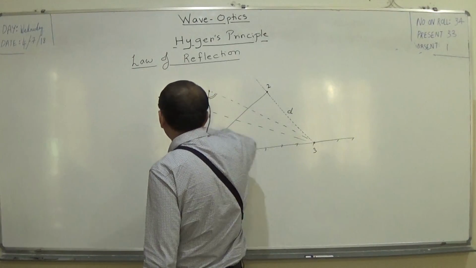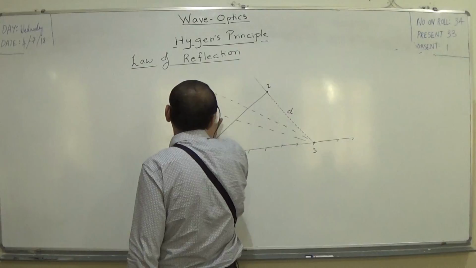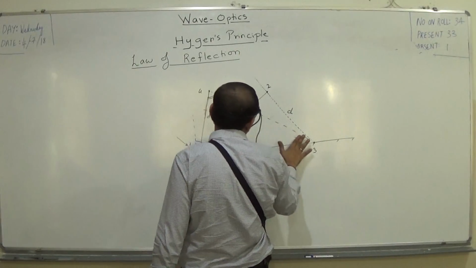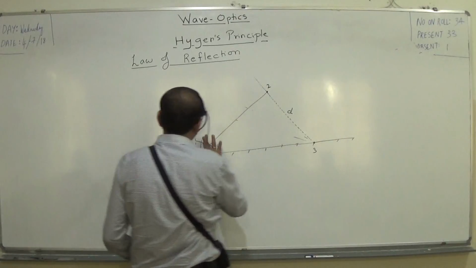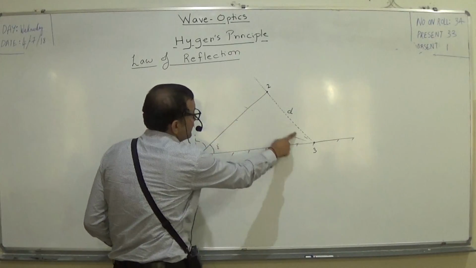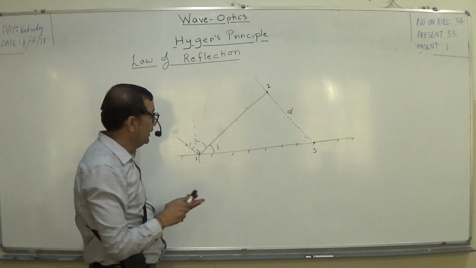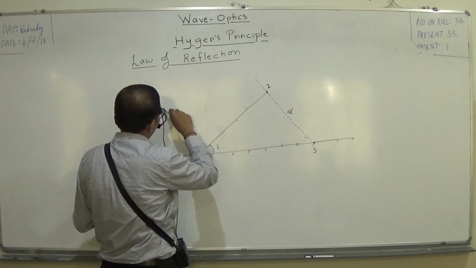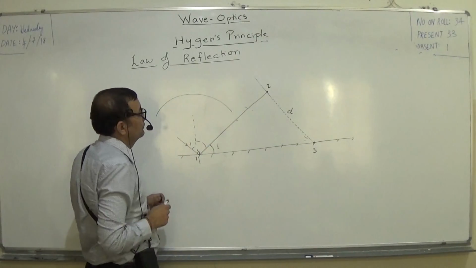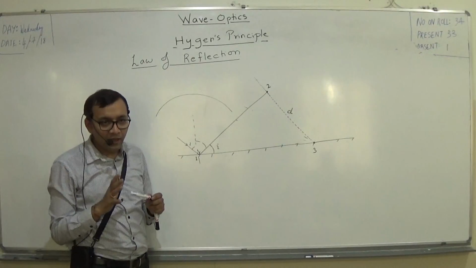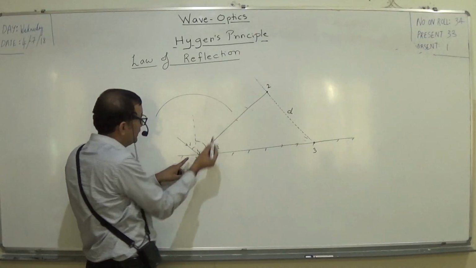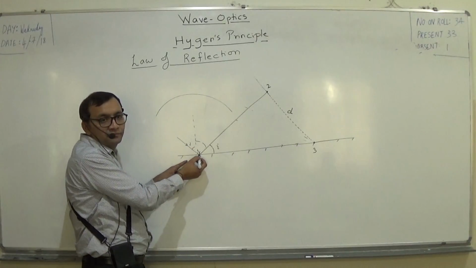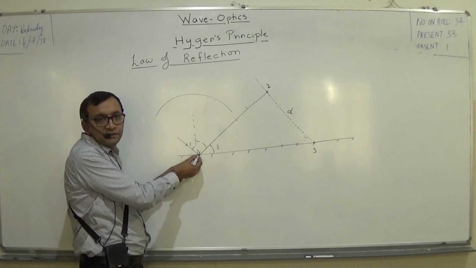There is a geometrical construction for this. What you do is take d distance as a radius and draw an arc. If you draw an arc, the distance of any point on this arc will be d from point 1.